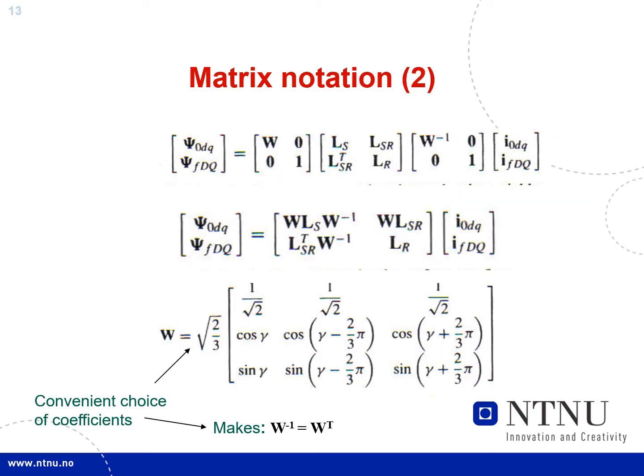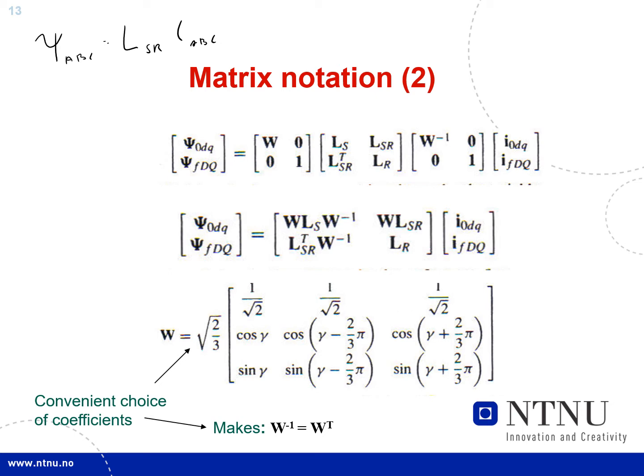Now, if we make this transformation, the point is to transform to dq, right? So if we start with the upper left part, the flux linkage psi ABC equals LSR times I ABC.